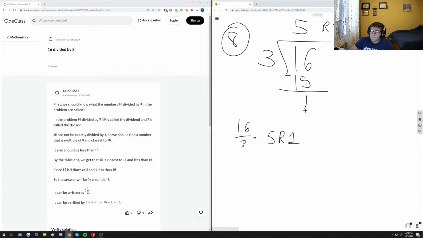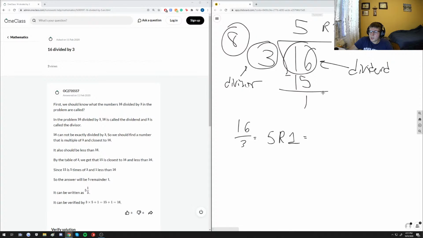And normally what we do with our remainder is write it over our divisor. In this case, 3 is our divisor, and 16 is our dividend.